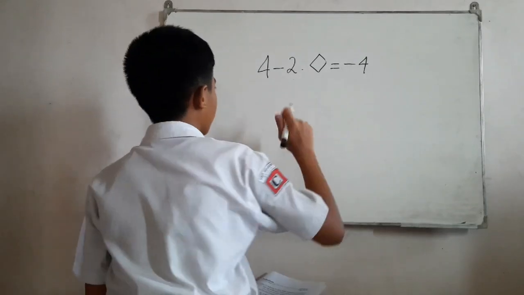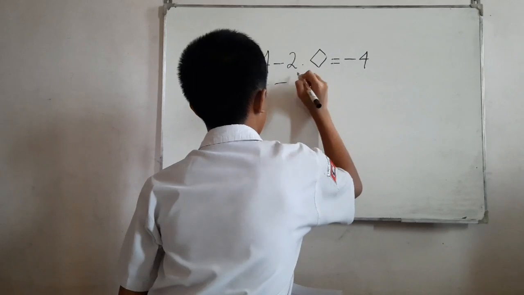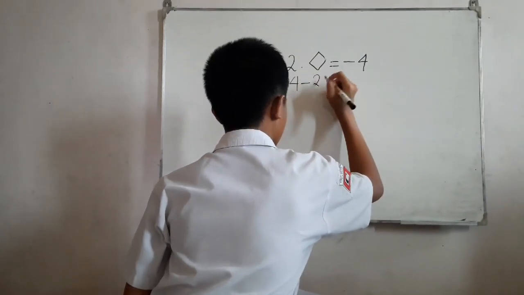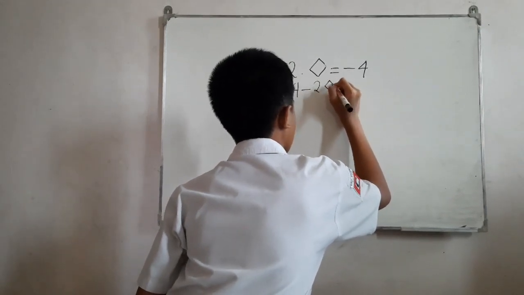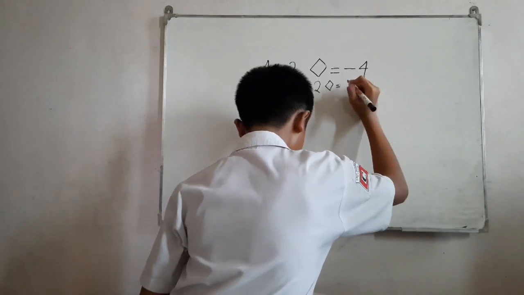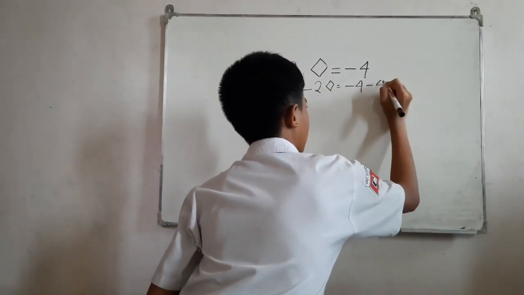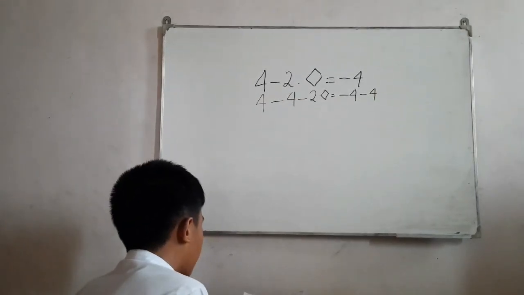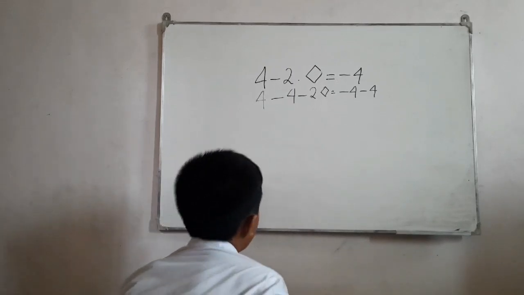After that we get -2 rhombus is equal to -8.